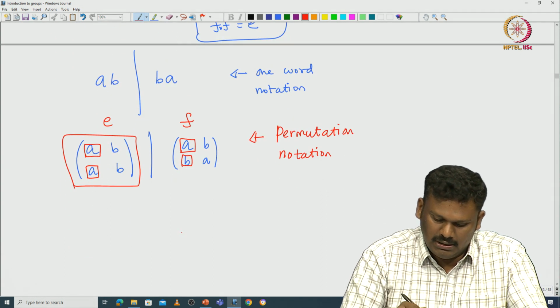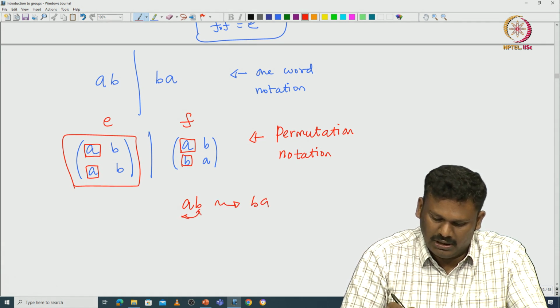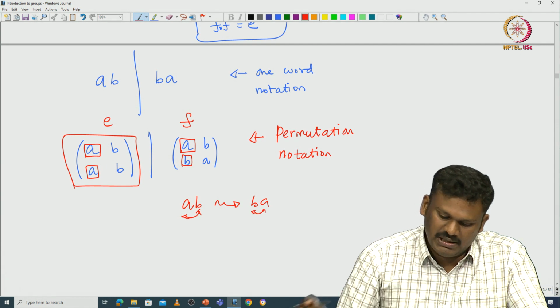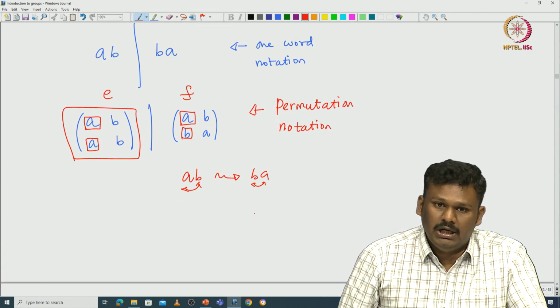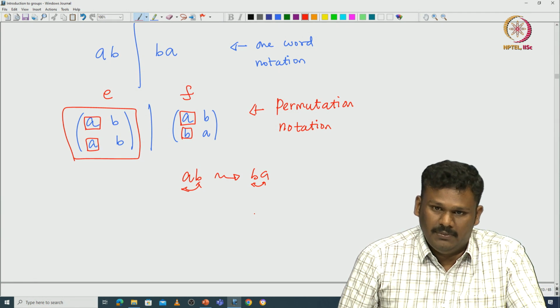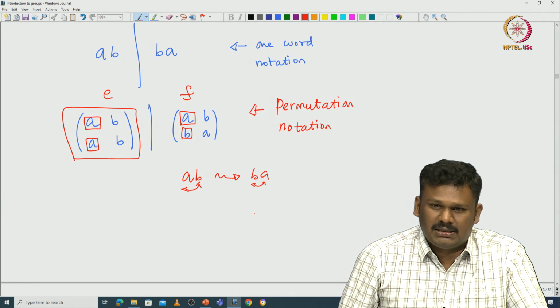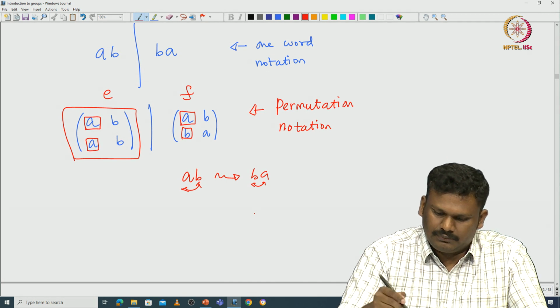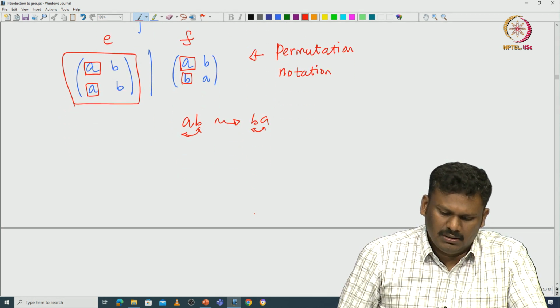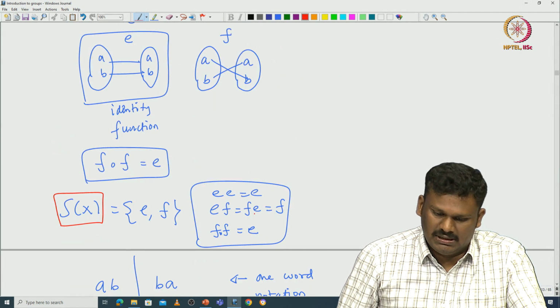Basically it takes A B and switches it to B A. You are just switching them. That is all you are doing. This is something you can do with any two objects, not necessarily A B. That is why capital X does not matter. For example, the same thing I can do with C D also.